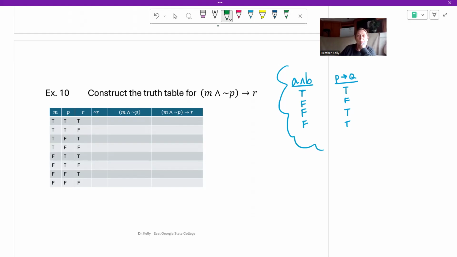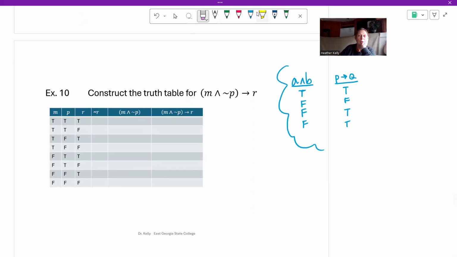Okay, so come over here and let's look at what we need. We need M and not P implies R. I don't know why I wrote not R here. It looks like I need a not P here. Let me just scribble and make a big old mess.